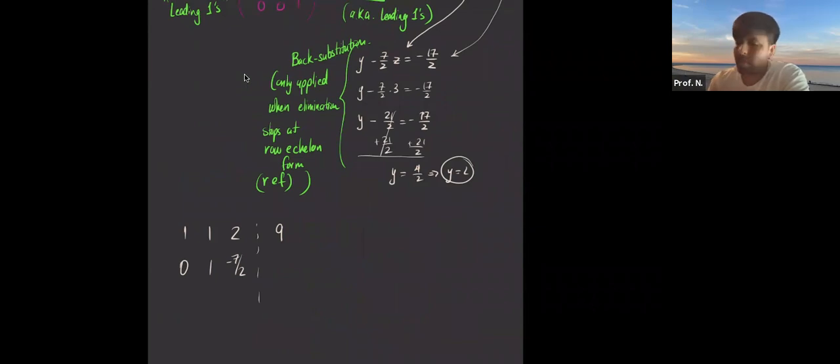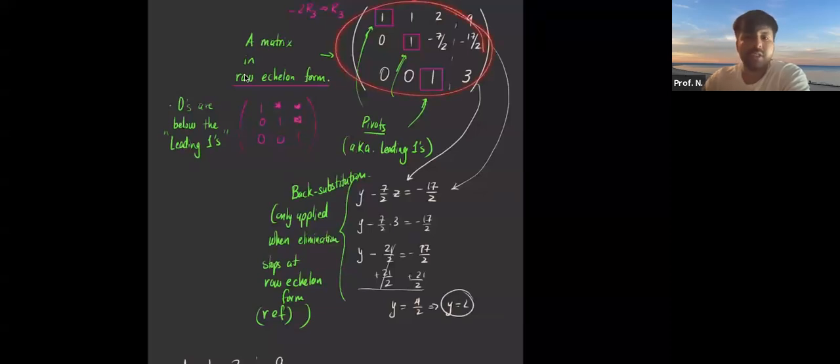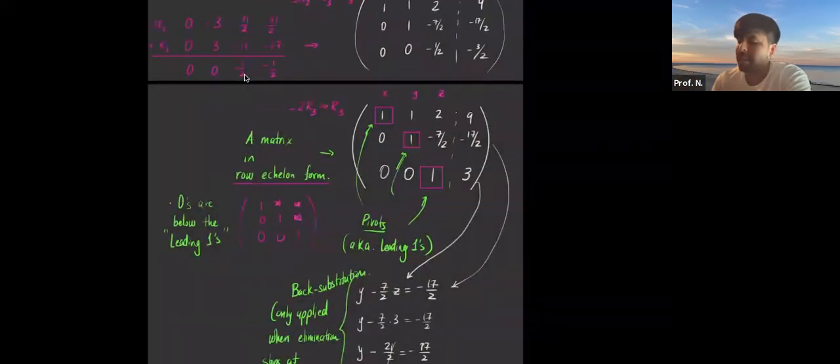Okay, so I just showed you we could stop the elimination process right here and just finish solving the system by applying back substitution. So you use what you got in the last row, and then you apply it to the second row, make that an equation and solve for y. And then once you get y and you got z, apply it to the first row, which represents that first equation.